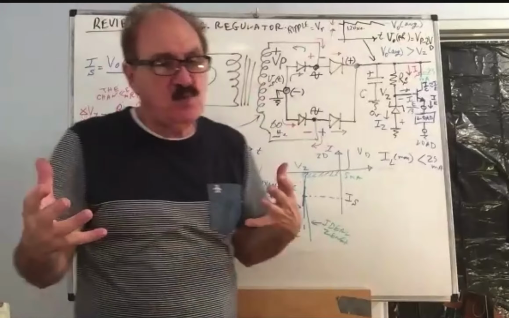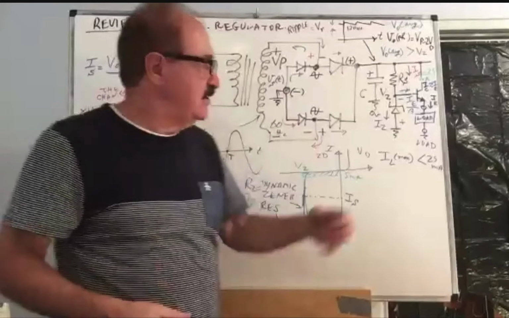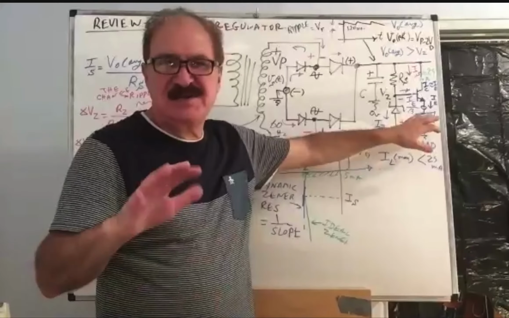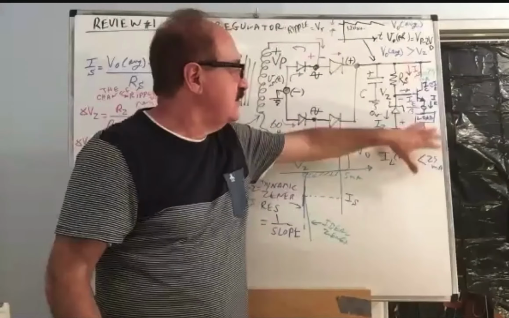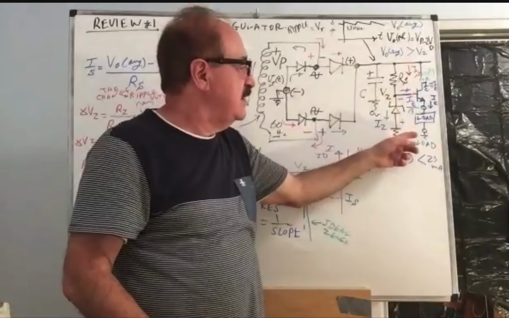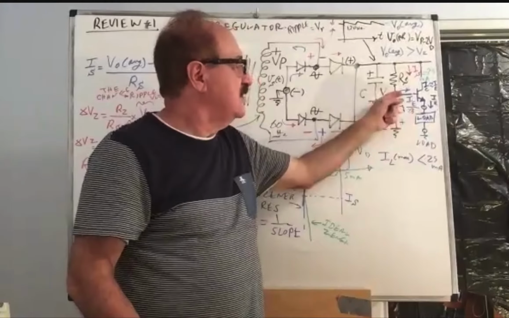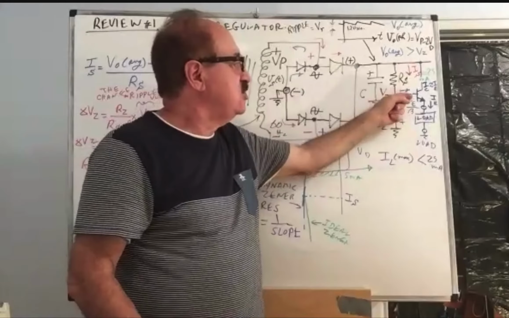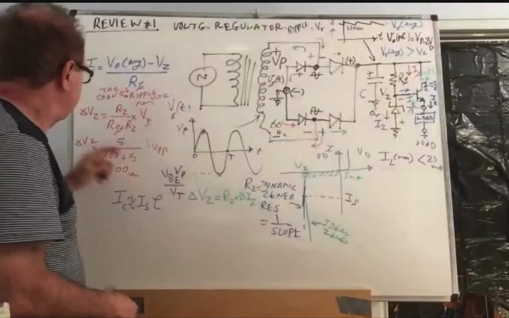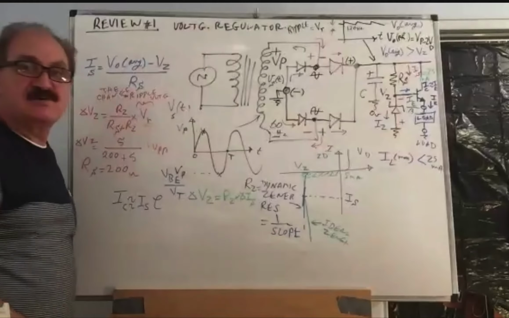But let's see what will happen as a result of changing the current in the emitter. If you change the current in the emitter, which is nearly identical to the change of current in the collector, IB will change by delta IB, which is delta IL, delta IE divided by beta, and that change should be multiplied by the dynamic resistance of the Zener, which is very small.